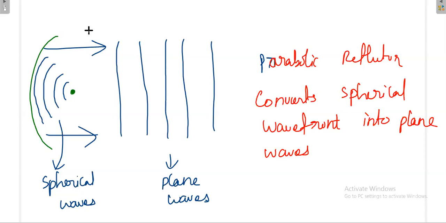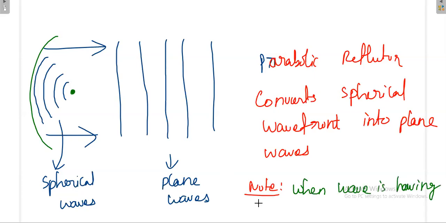Please make one note. When a wave is having spherical nature, the power of the wave decreases very quickly.